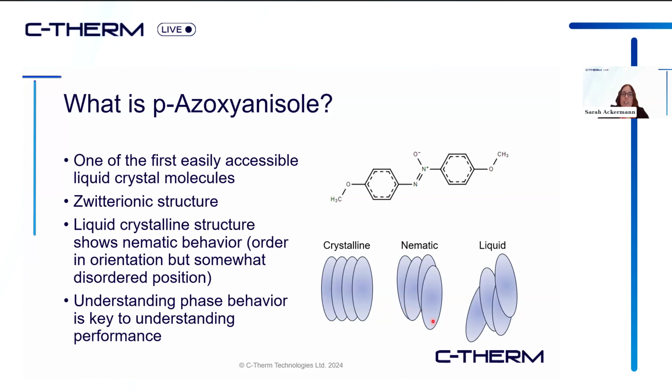So you can see these are all oriented about in the same direction, although there might be a little bit of deviation, and there's a bit of disorder in terms of where they're actually positioned. In the liquid phase, it's random. So the difference here is liquid crystalline is a more ordered state than a full liquid, but it's less ordered than purely crystalline.